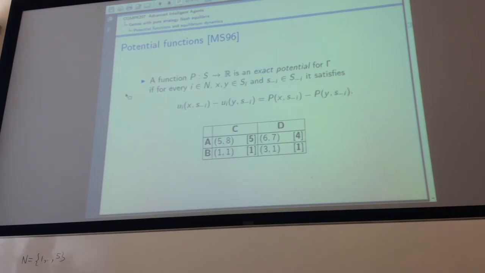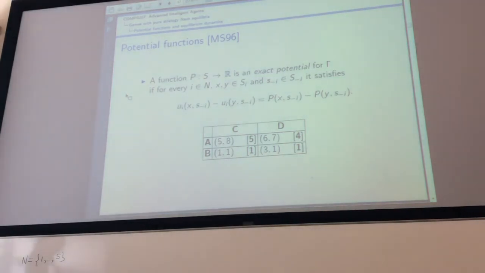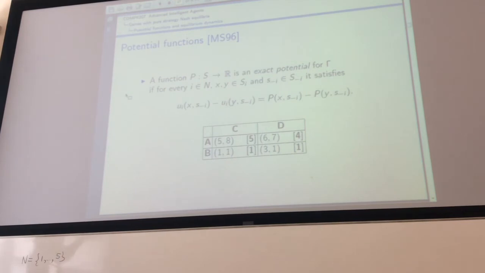And the function is called the exact potential for a given game if you look at each agent, agent i, and you look at two different strategies that this agent may choose from. Any pair of strategies from his strategy set under the fixed combination of strategies for the rest of the agents, the difference in his utility between playing those two strategies should be exactly as the increment in the potential function from the same strategy profiles.